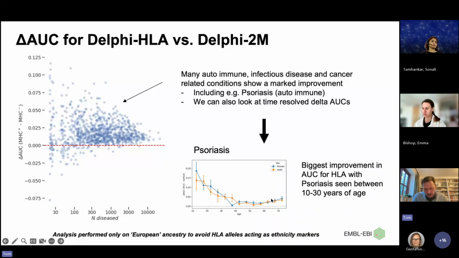It's known that the genetics of psoriasis is impactful for early psoriasis compared to late psoriasis, whereas late psoriasis is more impacted by other factors such as previous health conditions and other things. So that's really quite nice to see.